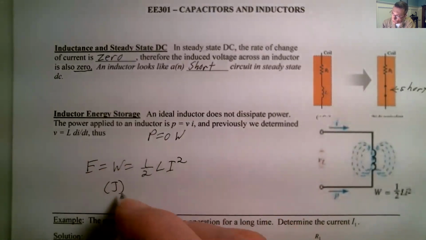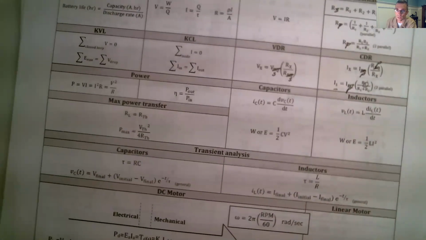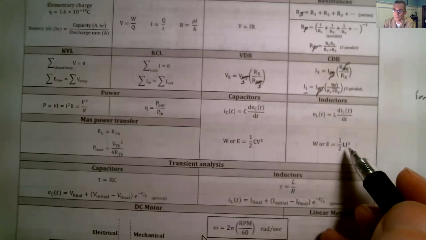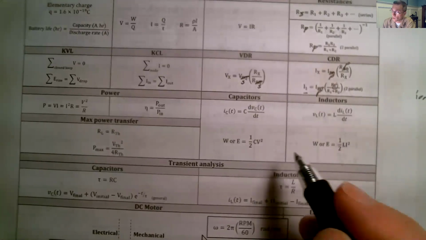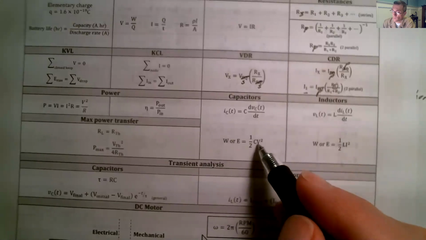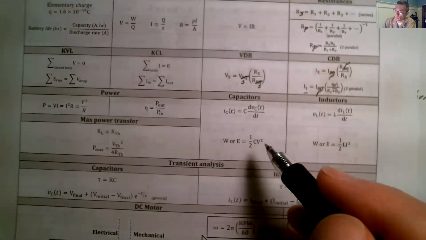Again, this is in joules, and again, that's on the equation sheet, right? So once you find the current at any particular time, that's how much energy is stored in that inductor. The voltage at any particular time gives the energy stored in a capacitor.